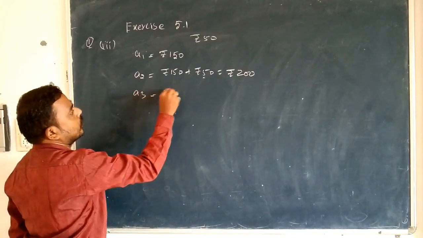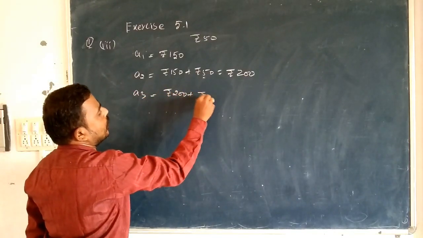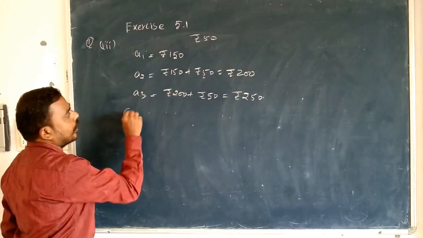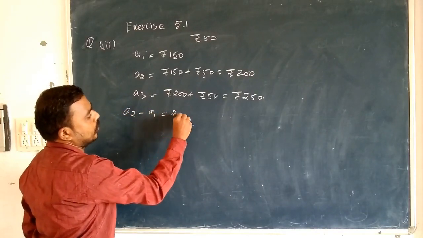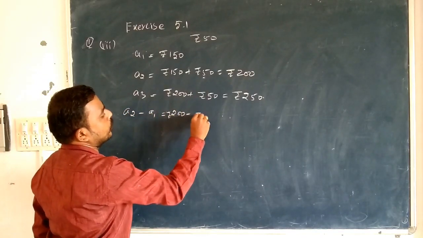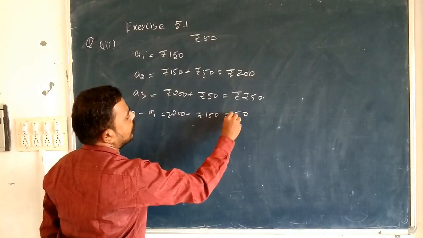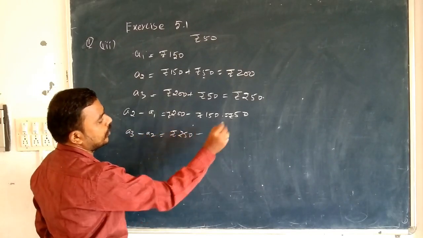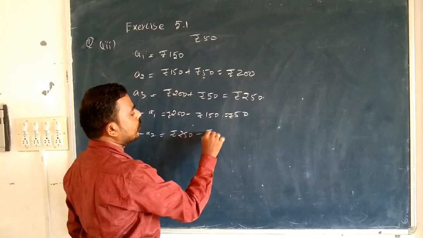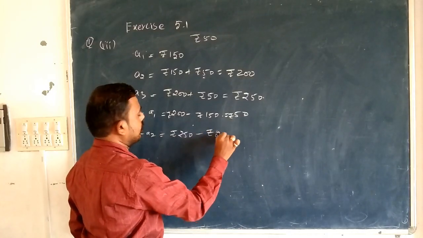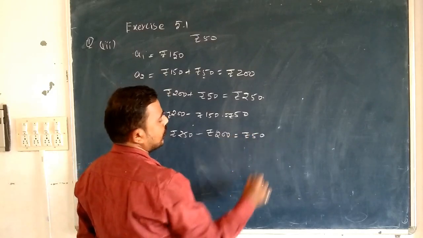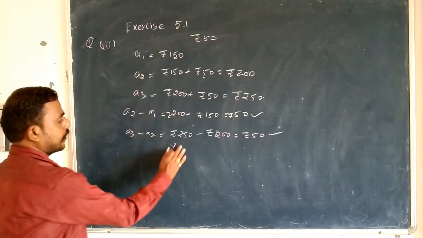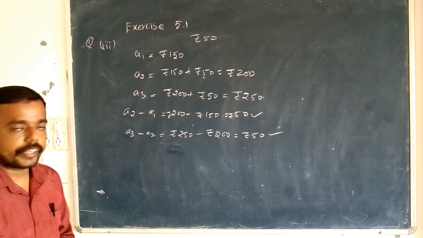Then A3 equals rupees 200 plus rupees 50, that is rupees 250. Now check A2 minus A1, equal to 200 minus 150, which is rupees 50. And A3 minus A2 equals rupees 250 minus rupees 200, equal to rupees 50. So both are equal, so it forms an arithmetic progression. Like that we need to write.